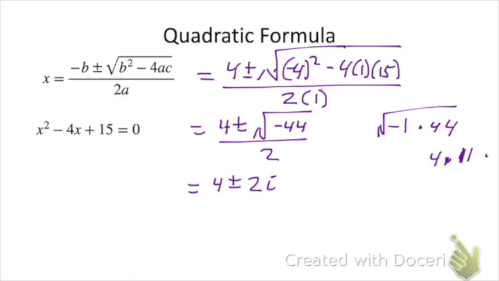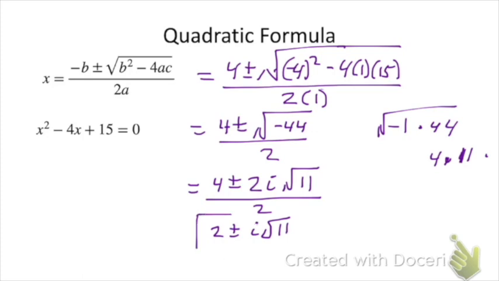We pull out an i, square root of 11, all over 2. And this one we do have to simplify because every term in the numerator is divisible by 2. So we can make this into 2 plus or minus i square root 11. And that is my solution for this quadratic.